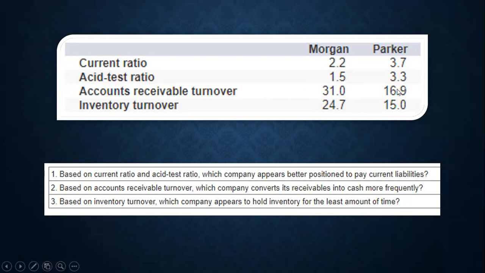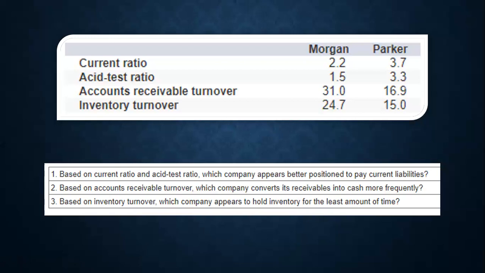And then on the inventory turnover, same idea. How many times do we buy inventory? How many times do we actually sell that inventory in the year? Which one appears to hold inventory for the least amount of time? To give you an example, if I had a bunch of specialty big screen TVs, I probably would not sell them over and over and over again throughout the year.